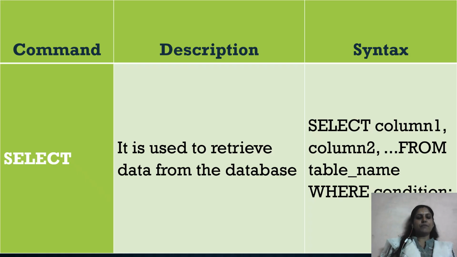The third one, filter records using conditions. So select star from table name where field name, and we can give the conditions. The next one, how to sort records when we are using the select command. Select star from table name, order by, and then we can use the where clause.